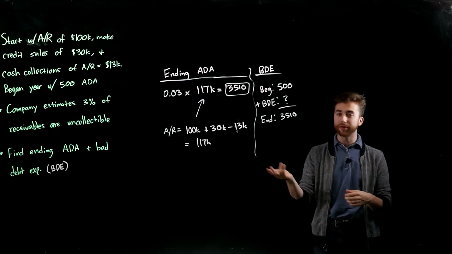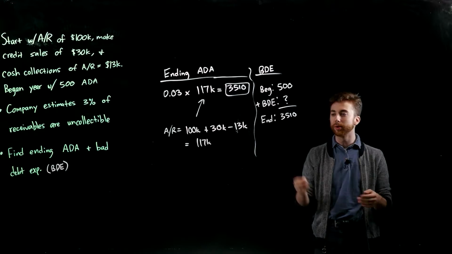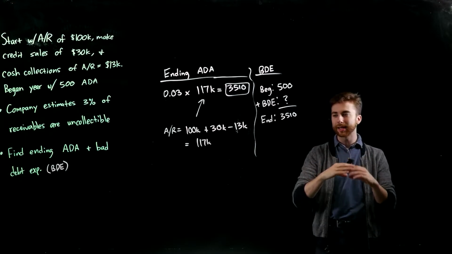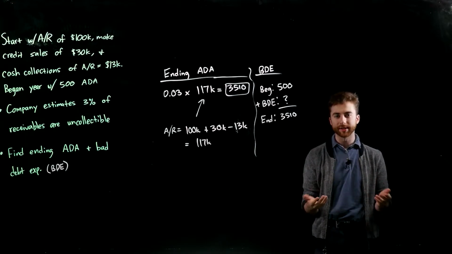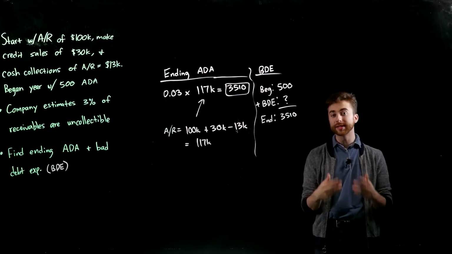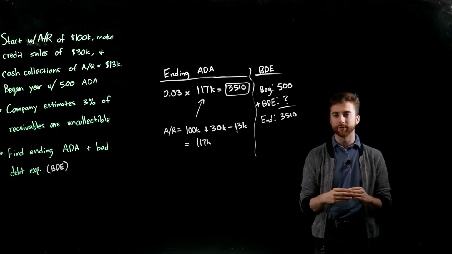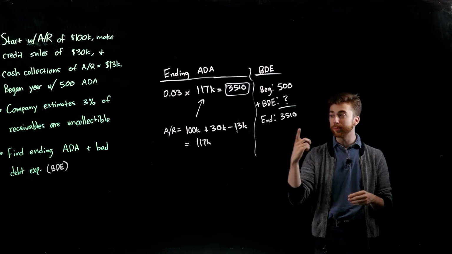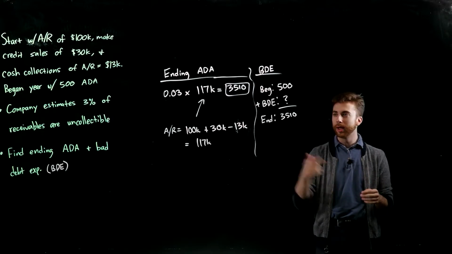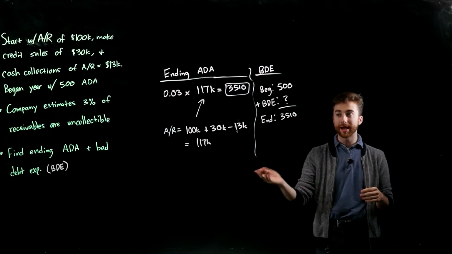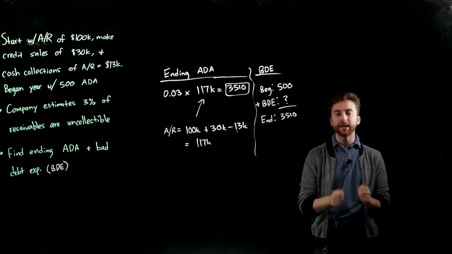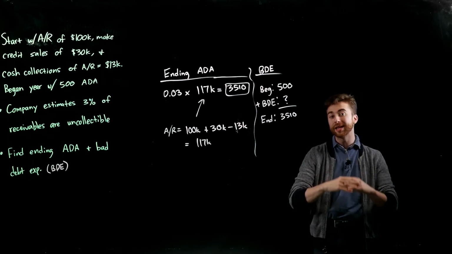I collect $13,000 from my accounts receivable, so it reduces the balance in that account, leaving me with $117,000. So as of year end, I have $117,000 sitting in my accounts receivable. If I'm saying that 3% of it is going to be uncollectible, take 3% of that $117,000, and that is the ending balance in your allowance for doubtful accounts for the end of the year.